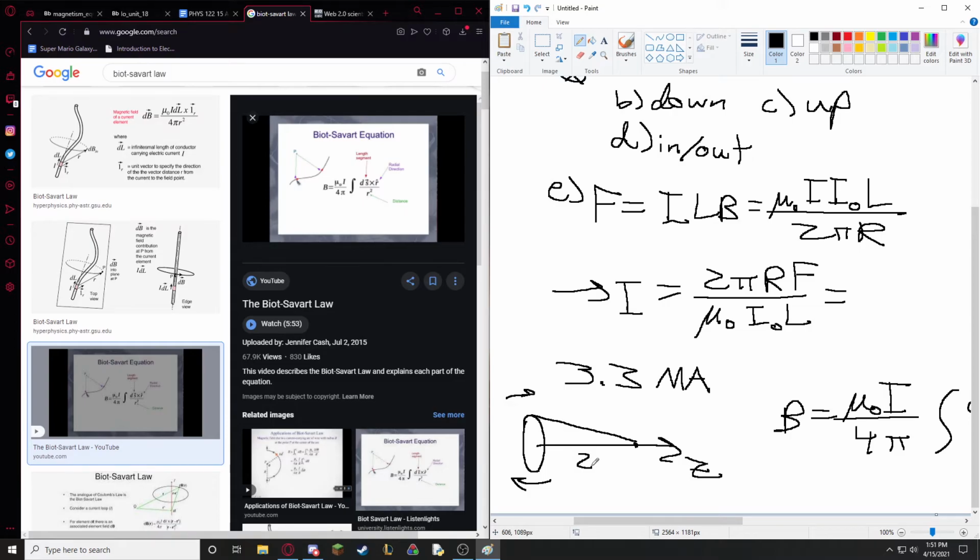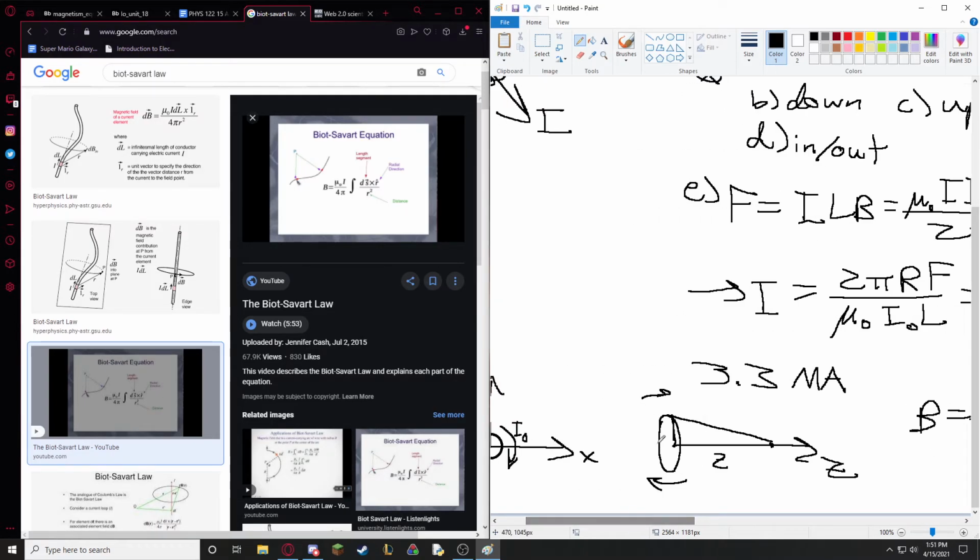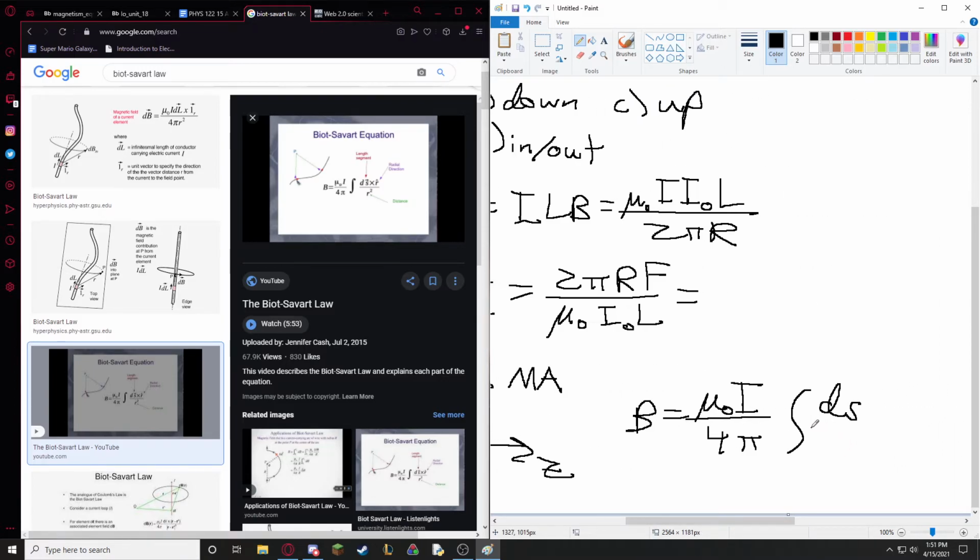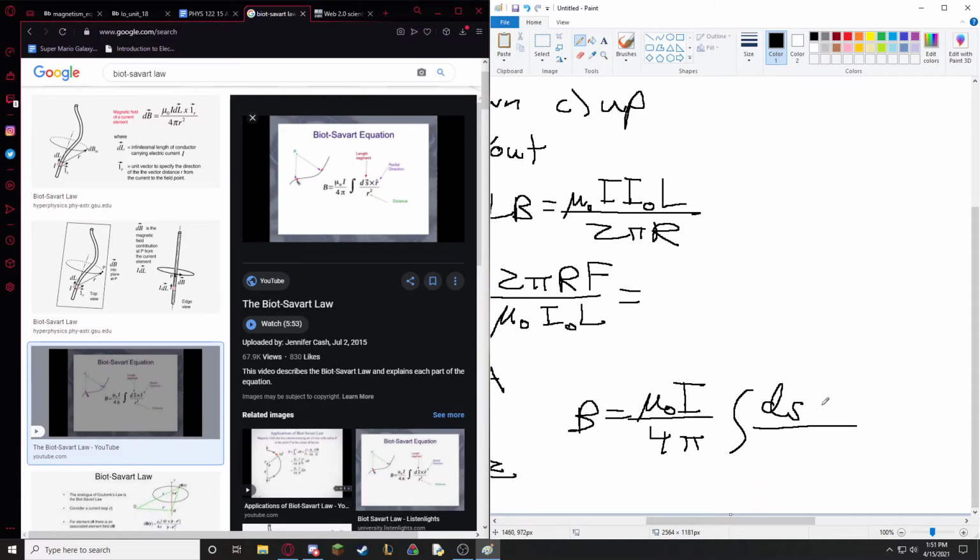If this here is z, and let's say this radius here is r, cross product of ds and r.